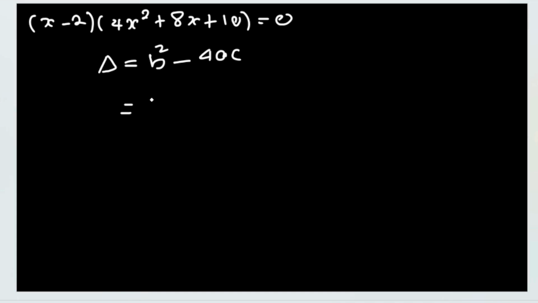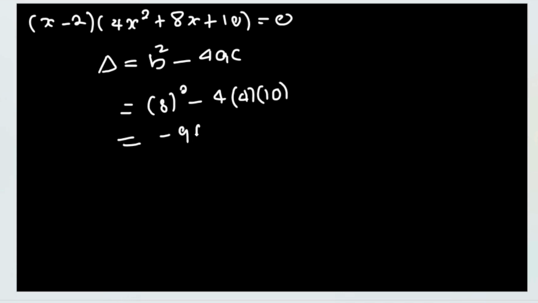Now if I put 8 squared minus 4 times 4 times 10, the discriminant I get is minus 96.